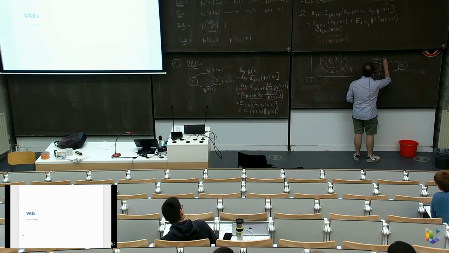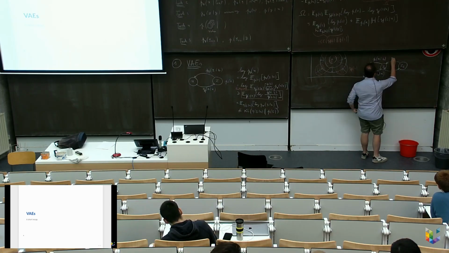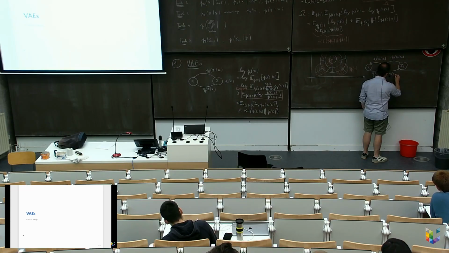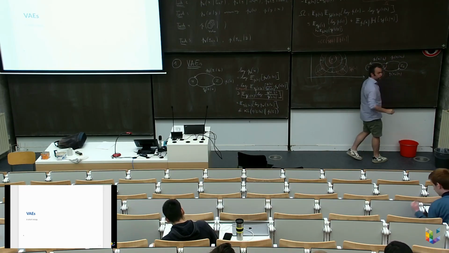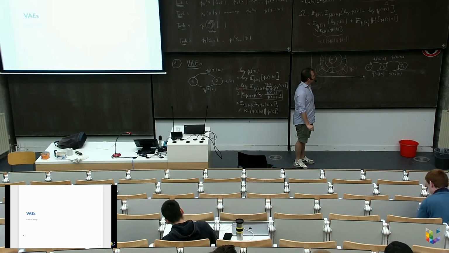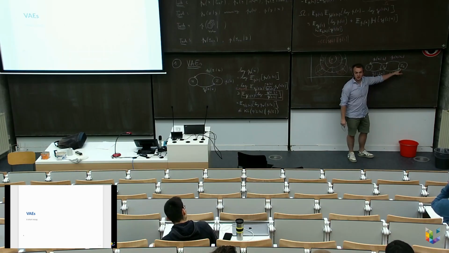So we have P1. And so now, in between Z2 and Z1, we would have P of Z1 given Z2, and here we would have Q of Z2 given Z1. Okay, fine, but what's the prior I should use for Z2? Another VAE.